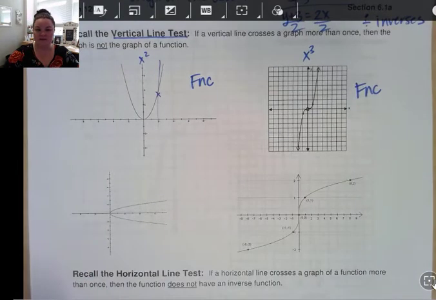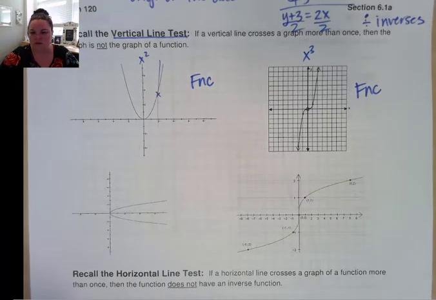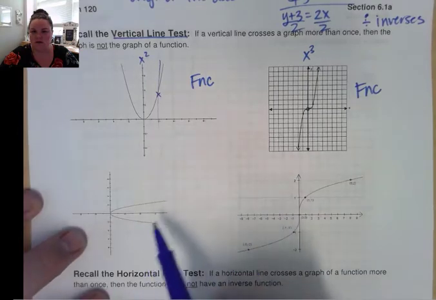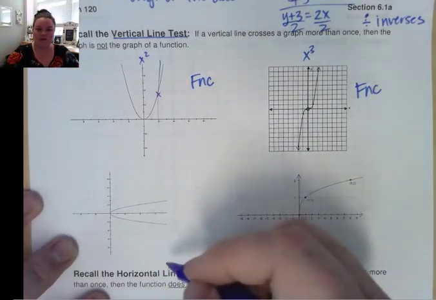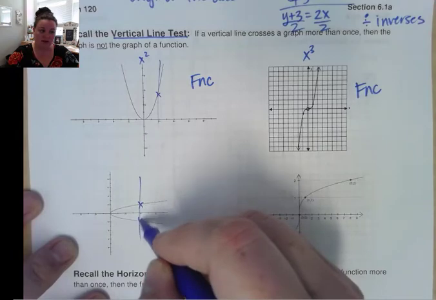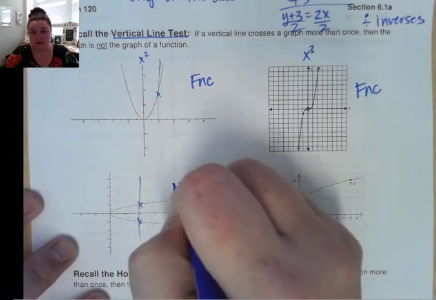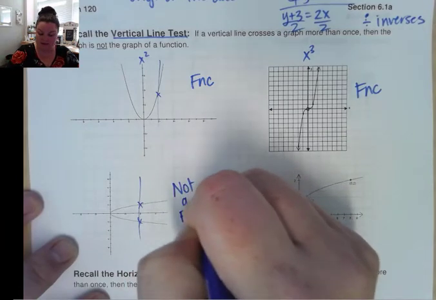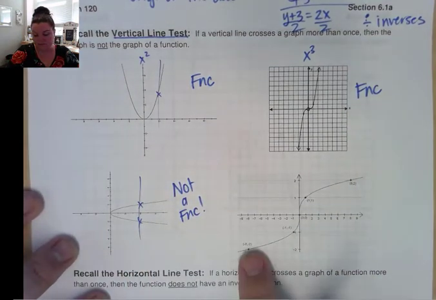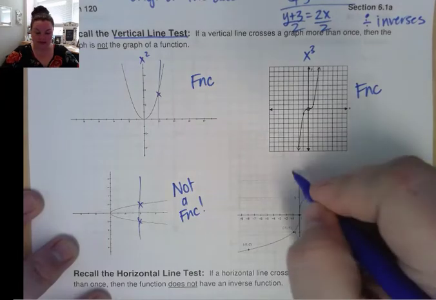However, my sideways parabola here, hold on, let me see if I can get rid of this. There we go. Okay, my sideways parabola here, if I draw a vertical line somewhere on it, right, it's going to hit more than one time. So if it hits more than one time, then that means it's not a function. Okay, and then this one, same thing.